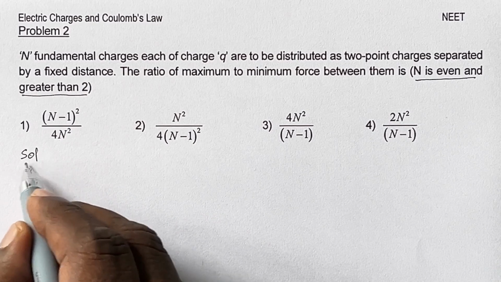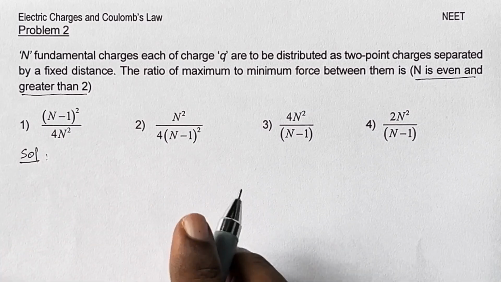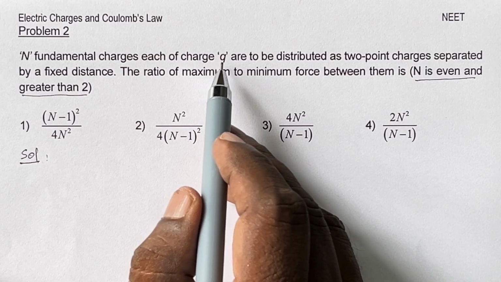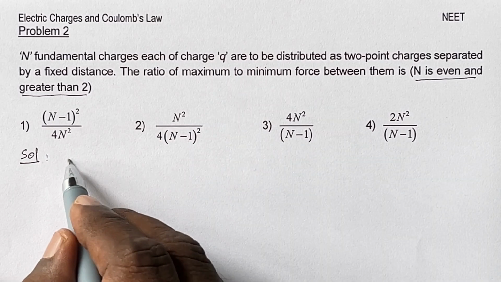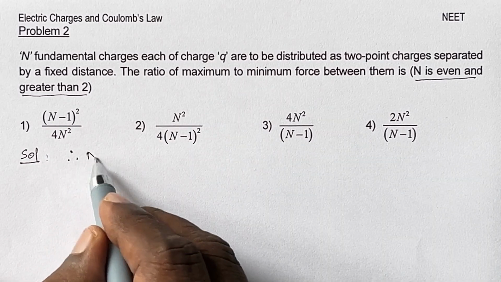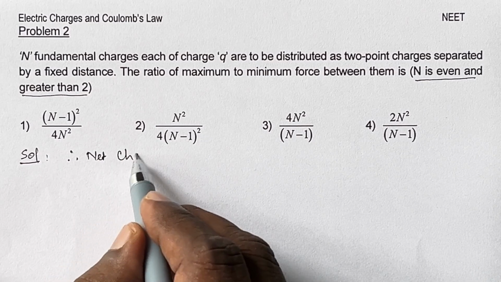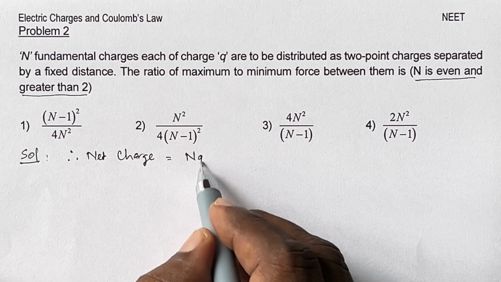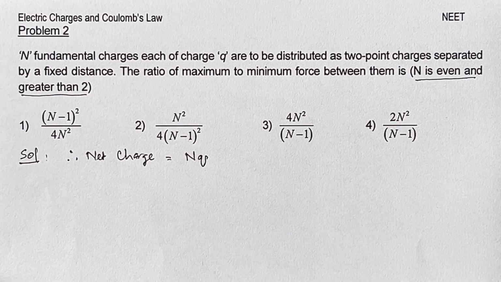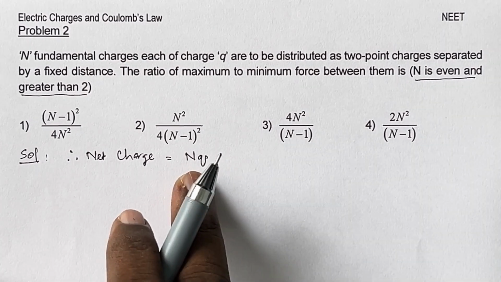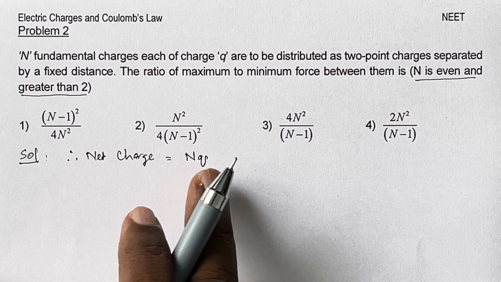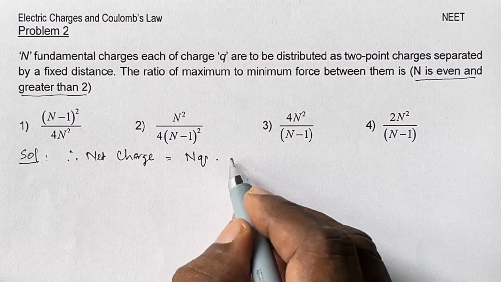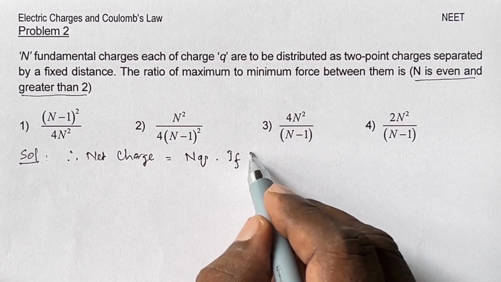So let us solve it. How many fundamental charges are there? N. Each fundamental charge has charge Q. Therefore, the net charge is equal to the number of charges into charge. So this is the net charge. This charge is divided into 2 point charges, right?